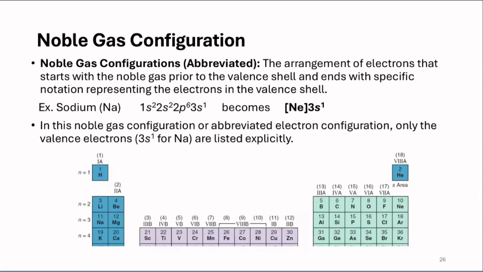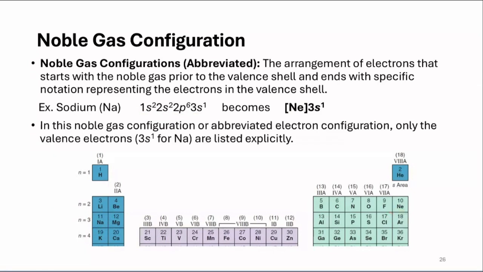As an example, in a previous video, we saw the electron configuration for sodium. And the full configuration for sodium establishes that the 11 electrons in sodium live in 1s2, 2s2, 2p6, and 3s1. Sodium lives here. And the noble gas that precedes it is neon.